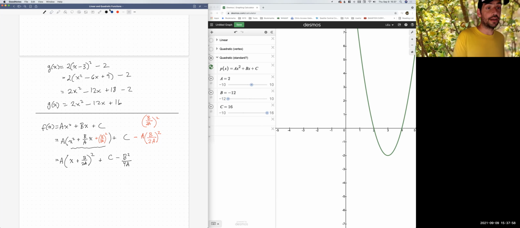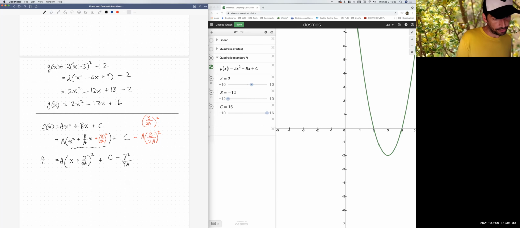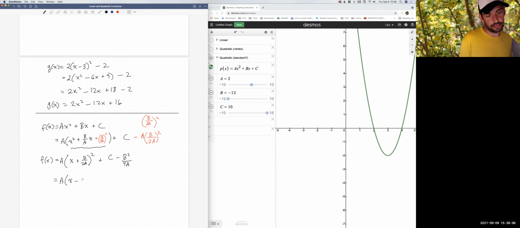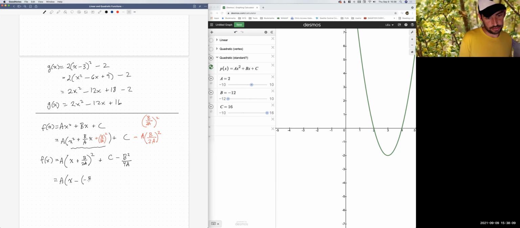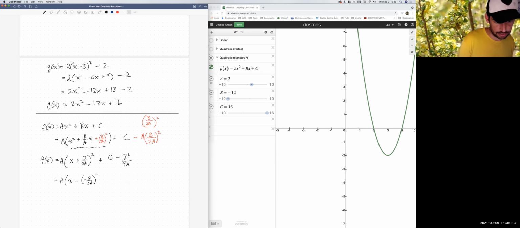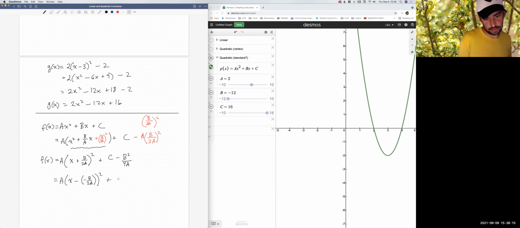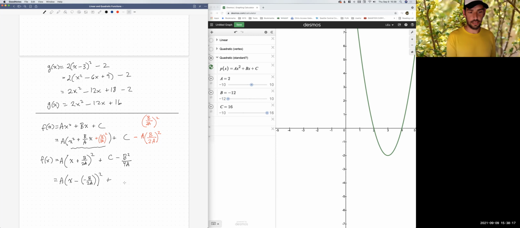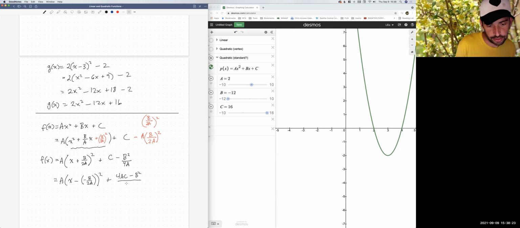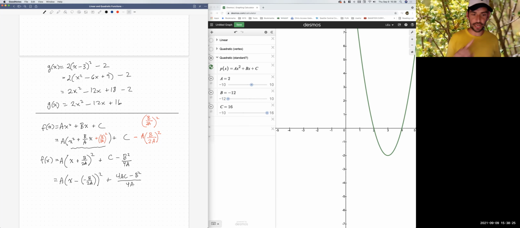Let's do one more thing, actually. Let's rewrite this in an odd way: 4ac minus b squared all over 4a. So I just gave them a common denominator.